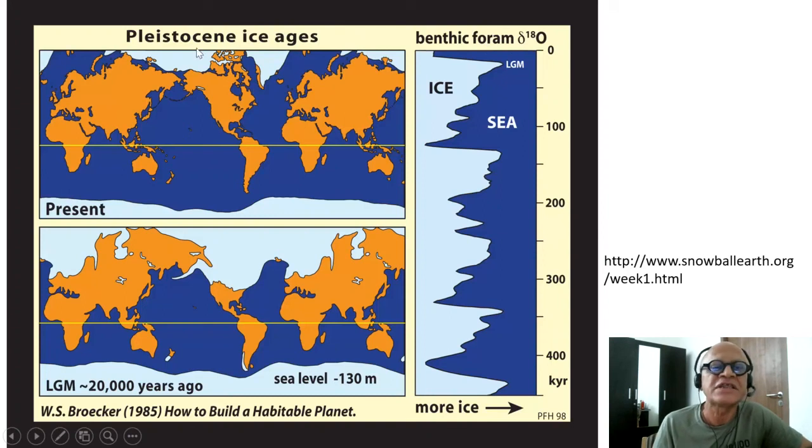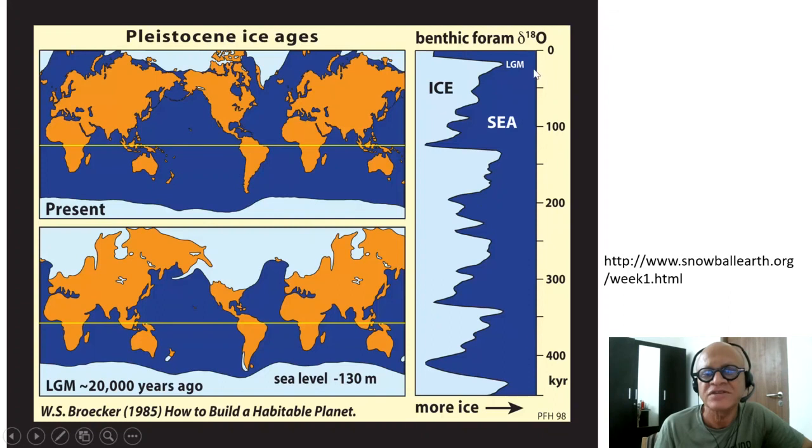But just looking at the last ice age, the Pleistocene ice ages, 20,000 years ago you had extensive glaciation with glaciers coming down into North America, Europe and Asia, and also in the southern hemisphere. So there was larger sea ice extent, which has retreated. Sea level would have been 130 meters lower, as you can see here in the last glacial maximum.